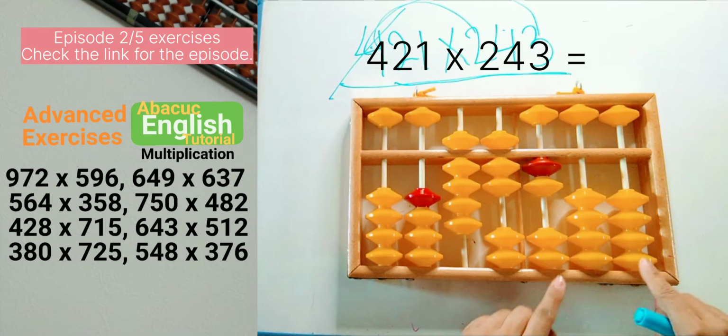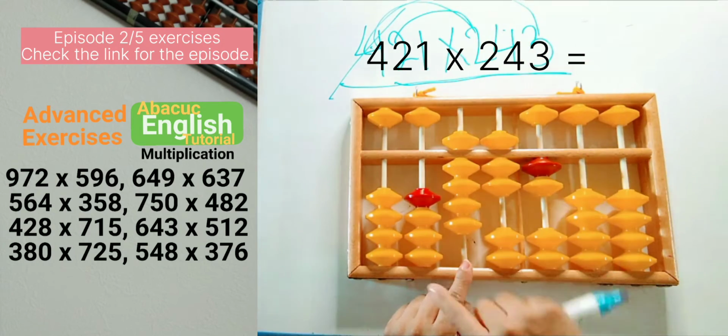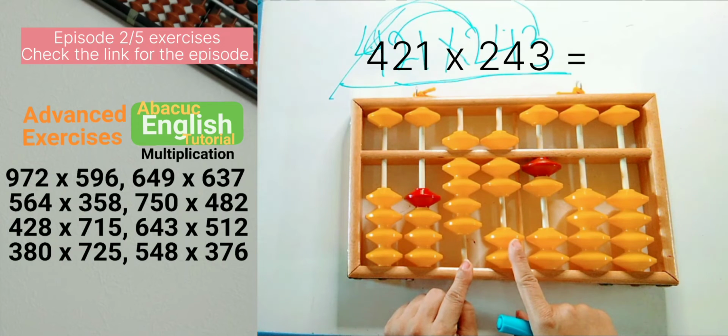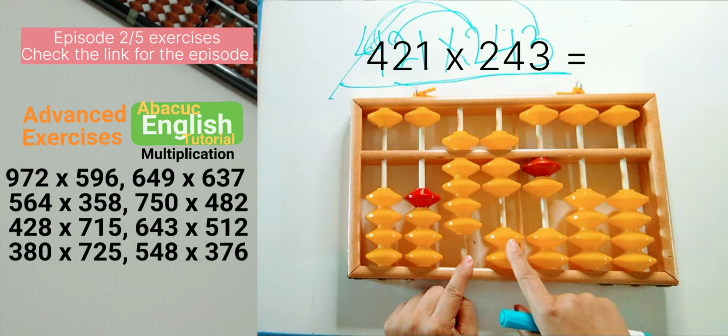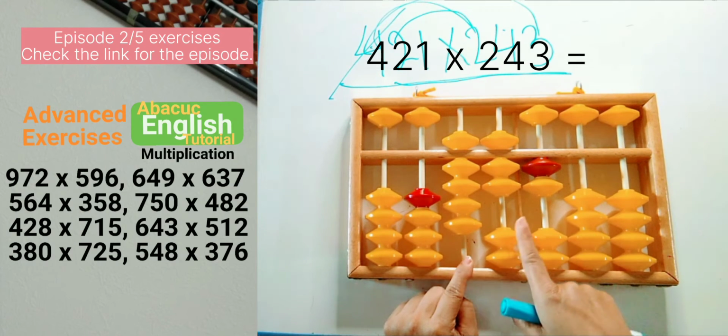Next 5 digits, 1 2 3 4 5, starting from this rod. 2 2s are 4, 0 4. For 4 I am going to borrow 100 here. Because I am going to place 4 here, but we have only 2, so I am going to borrow from here.